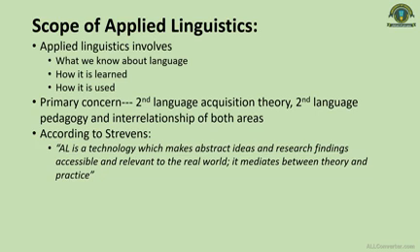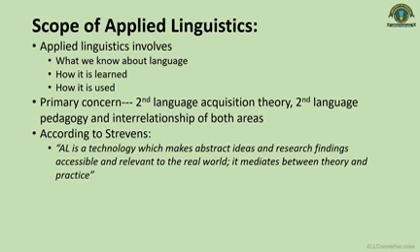So when we talk about the scope, applied linguistics involves three questions, that is what we know about the language, how this language is learned, and how it is used. So applied linguistics is basically concerned with these three questions.